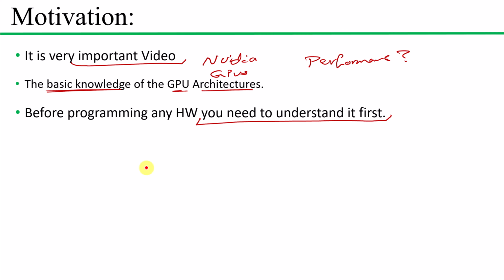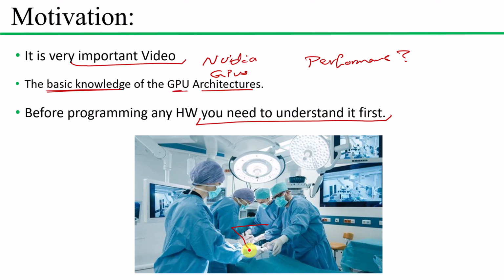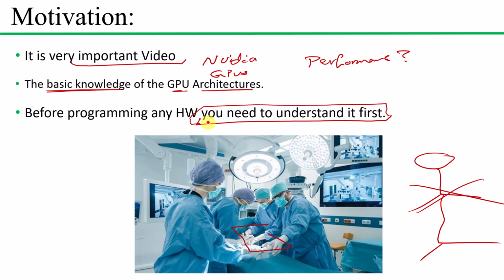To put it into perspective, imagine a doctor performing a surgery. Without a complete knowledge of the human anatomy, the surgery could go wrong. Similarly, to unlock the GPU full potential, one must be well versed with its hardware.